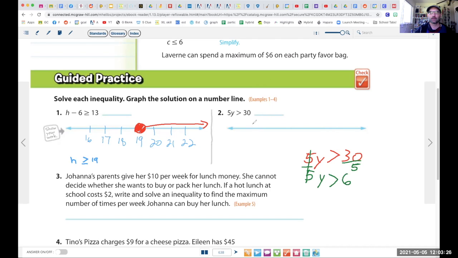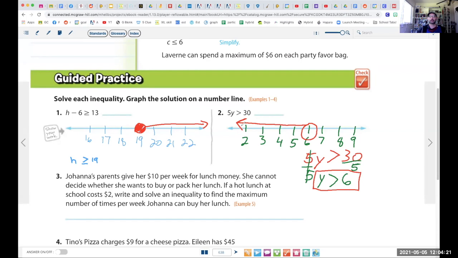All right, so now let's see if we can graph it. I'm going to graph it, and you have to tell me if I did it correctly. So what I need to graph is y is greater than 6. Let's see, put a circle around the 6. Okay, is that correct or incorrect?